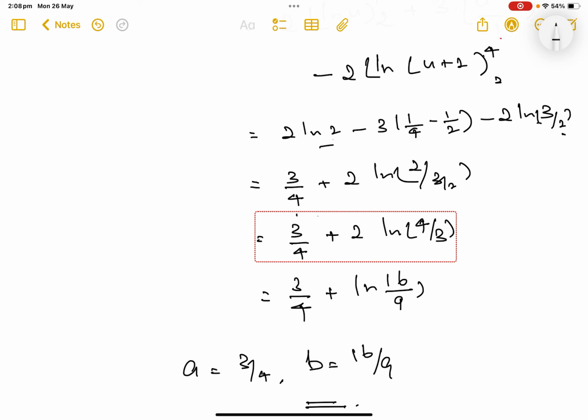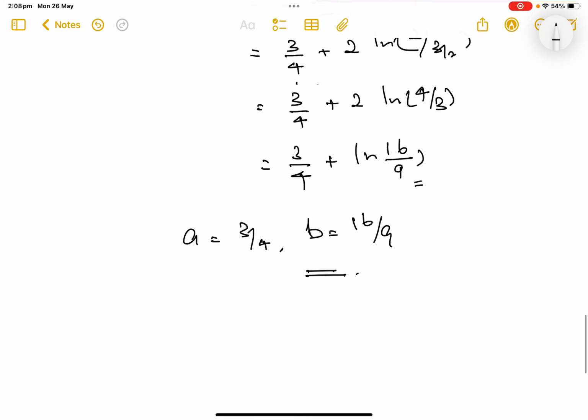So it is 3 over 4 plus, then the 2 becomes a power: ln of (4 over 3) squared, 4 squared is 16, and 3 squared is 9. This is what it is. So A equals 3 over 4, B equals 16 over 9, because of the form they've given us, A plus ln B. So A is 3 over 4, B is 16 over 9.